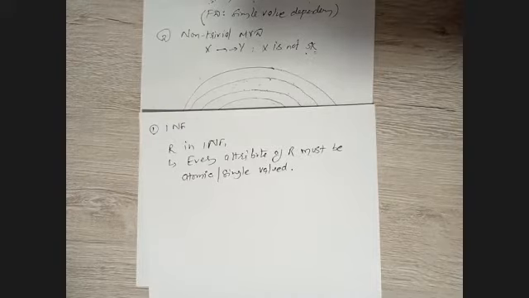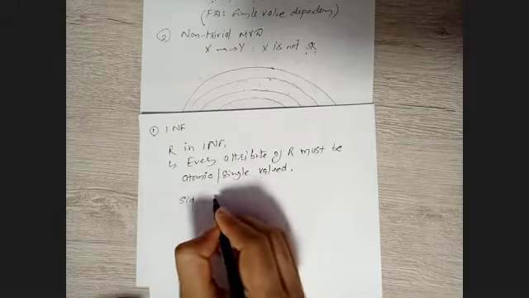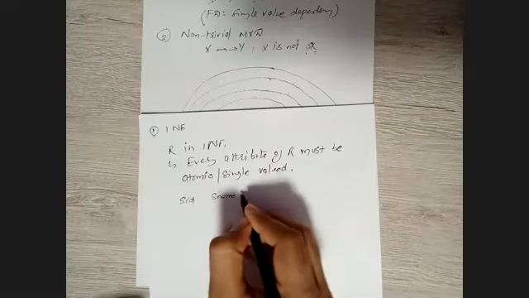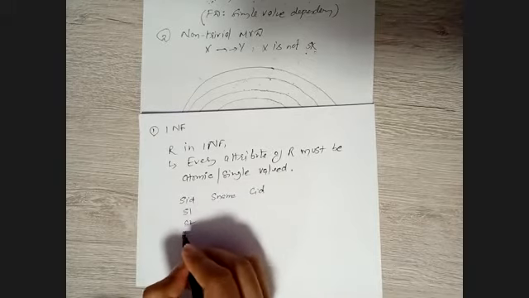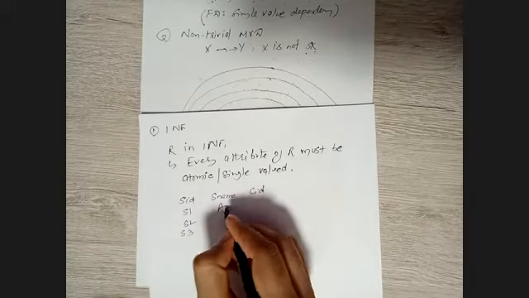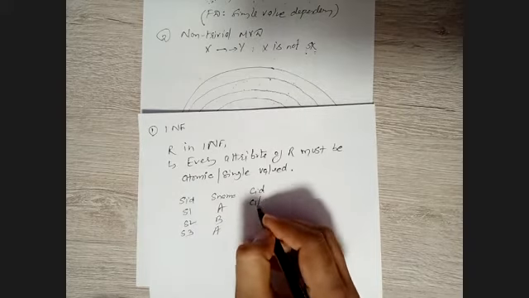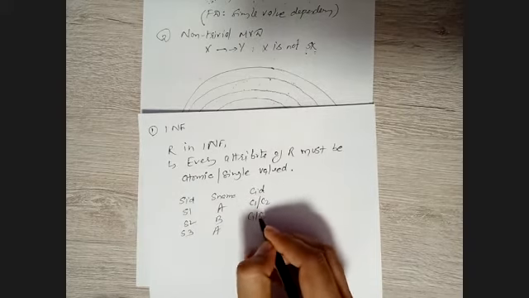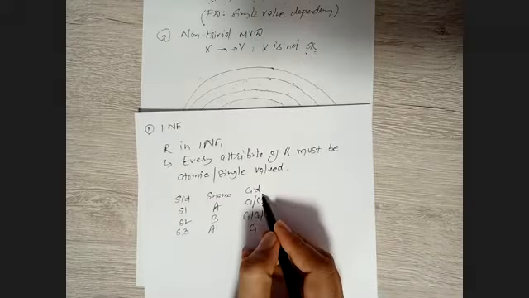For example, I have a relational table with SID, S name, and CID. We have S1, S2, S3, with S names A, B, let's say. Then in CID, we cannot have values like this. These are not atomic.